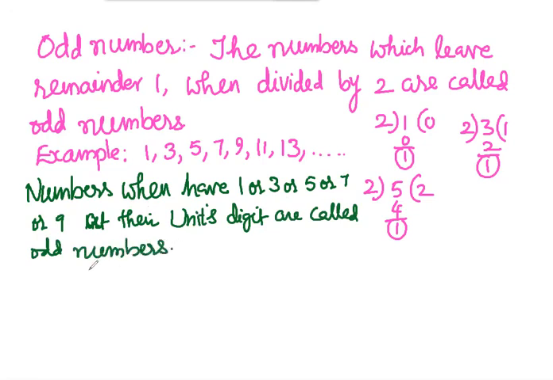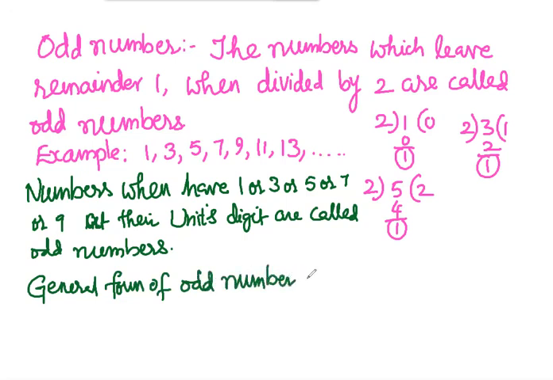So what is the general form of odd number? Let us write the general form. By the previous method, if we take 1, 2 into 0 plus 1.